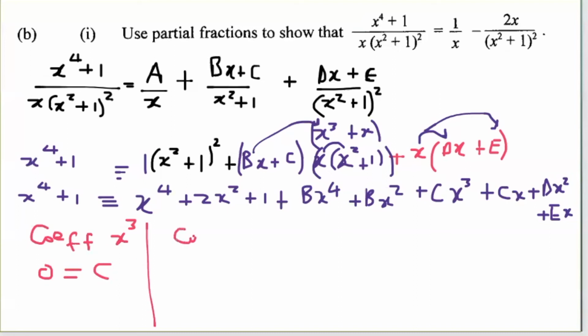Now let's look at the coefficient of x squared. We have to look at the left and the right. On the left hand side, there's no x squared. Once there's nothing there, we put 0. And then we're going to look at the coefficient of x squared on the right.